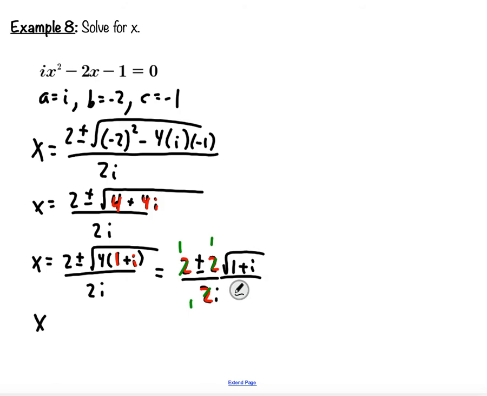So now we're going to end up here with 1 plus or minus the square root of 1 plus i all over i. But we can't leave an i down in the denominator. So I'm going to multiply the numerator and denominator by i. So down there in the denominator, that's going to be a negative 1 eventually.